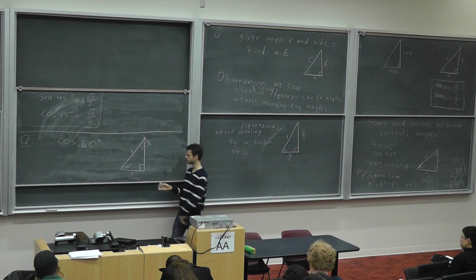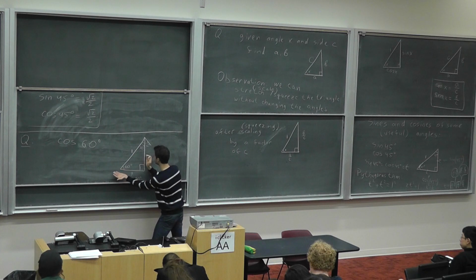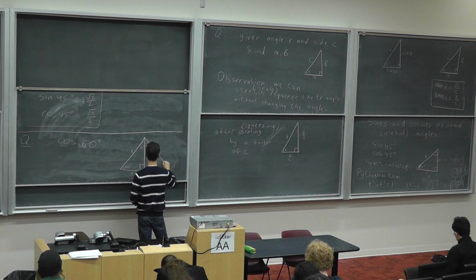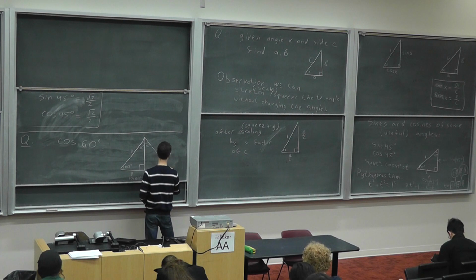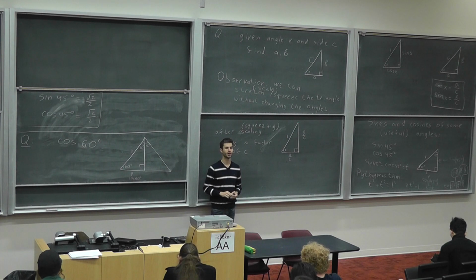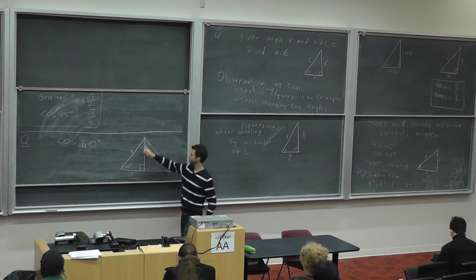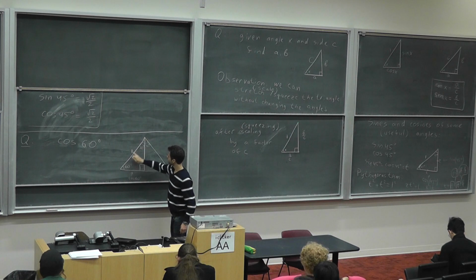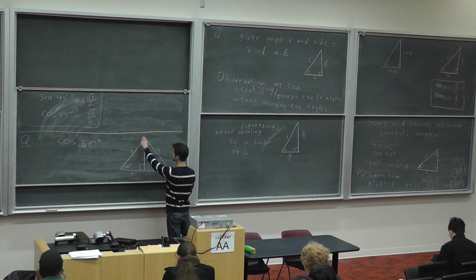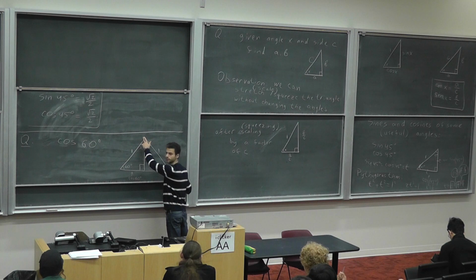How can I do it? For example, just take this triangle and reflect it on this side. Flip it. What kind of triangle do I get now? Well, this length was 1. After flipping it, it becomes this side, which is also 1.